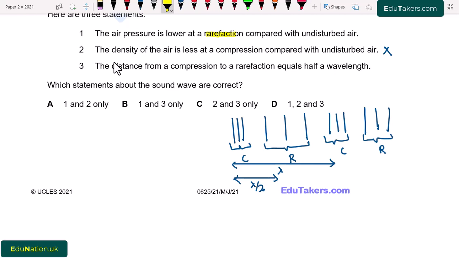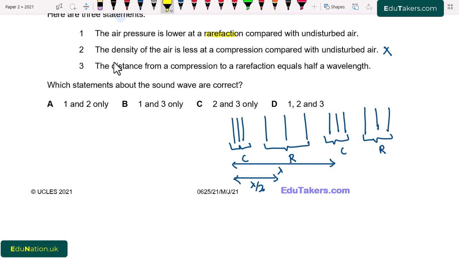Which statements about the sound waves are correct?